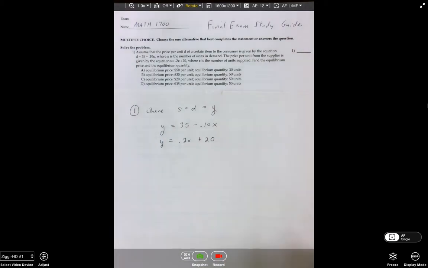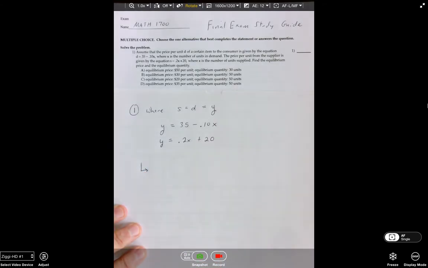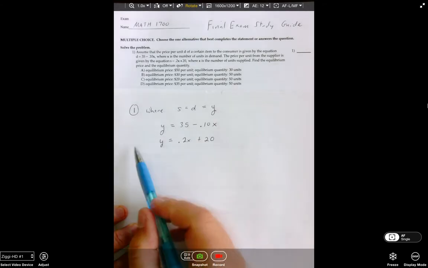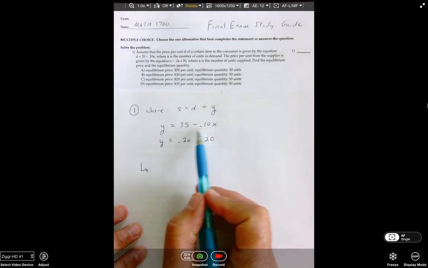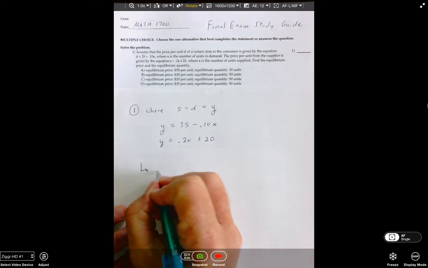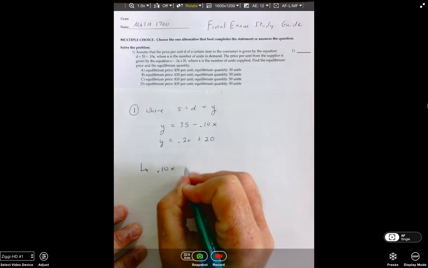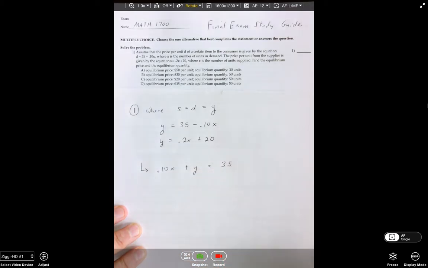Now, I hope you know by now that if you're trying to solve something simultaneously, we have to get our x's and y's together on the same side and our constants on the opposite side. So I'm going to bring that negative 0.10x over here. And I see that for my first equality, I have this.